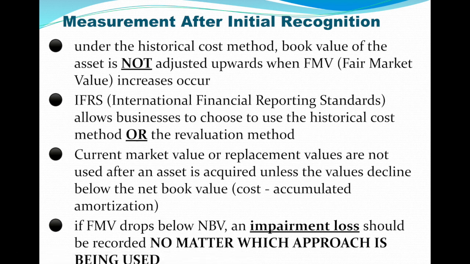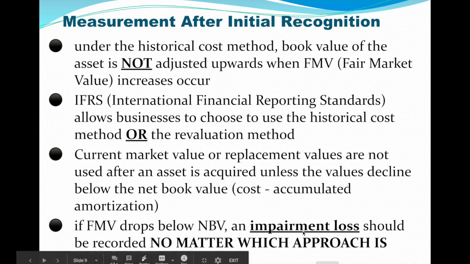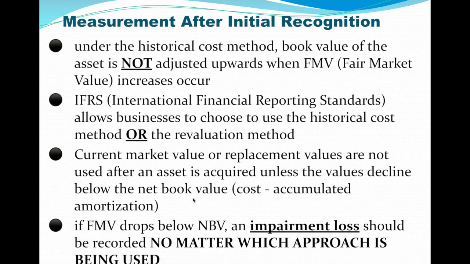If fair market value drops below net book value, or NBV, an impairment loss should be recorded no matter which approach is being used. If you think about it, when you switch from fair market value to net book value, if it's less than the net book value, then you are essentially devaluing your capital asset, right?